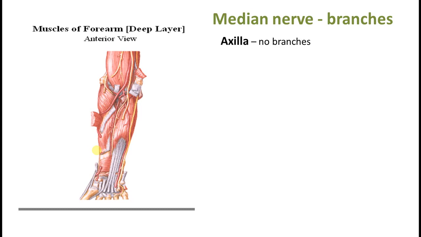The median nerve does not give any branches in the axilla. Usually the median nerve does not supply any muscles or skin of the forearm. In the arm, it might give vascular branches to the blood vessels, and it gives a branch to the pronator teres.